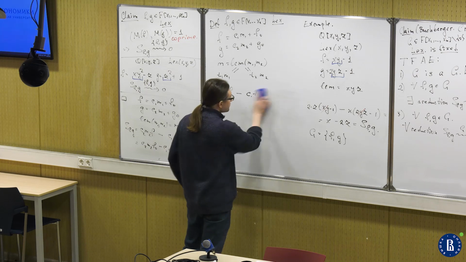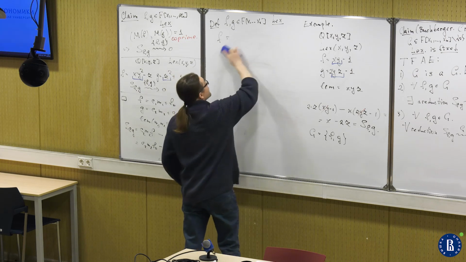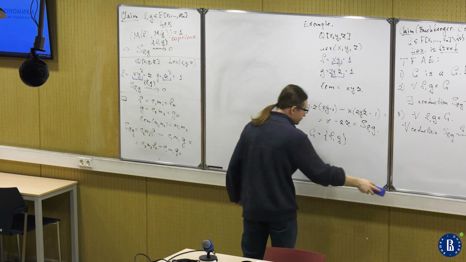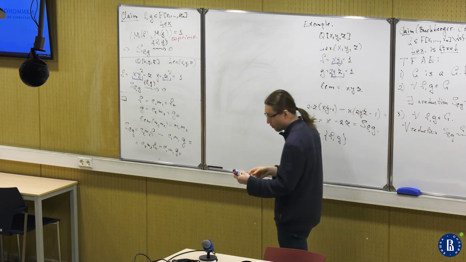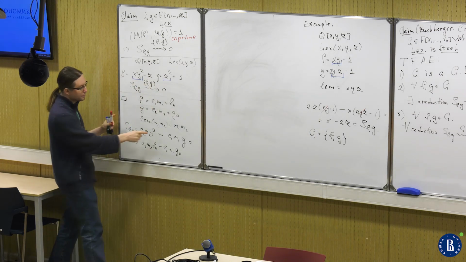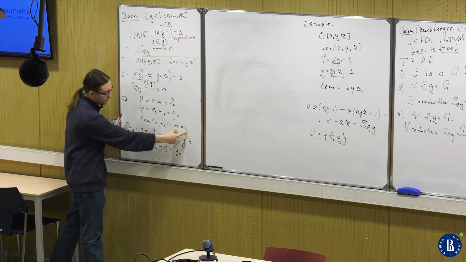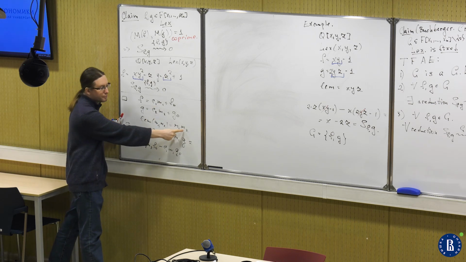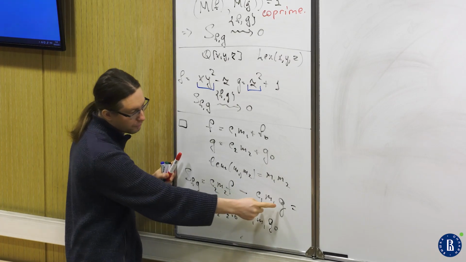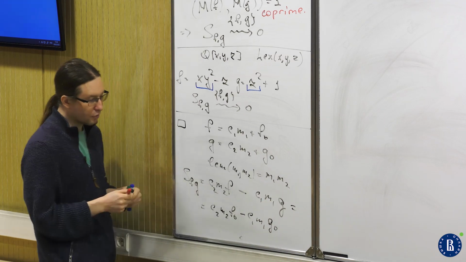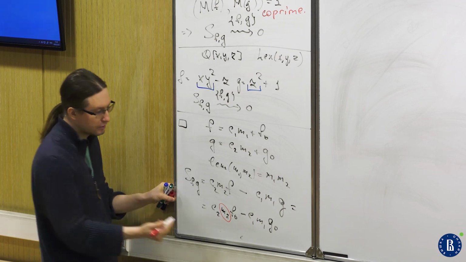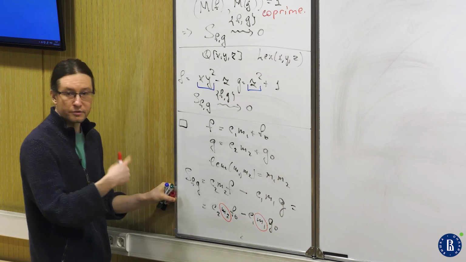Now, before proving that you can reduce this polynomial to 0, I want to rewrite this expression in a different form. The reason I can do this is that because these two monomials were coprime, the least common multiple is the product of these two monomials. And we multiplied f by the leading monomial of g and g by the leading monomial of f. So I want to express m2 in terms of g and m1 in terms of f.